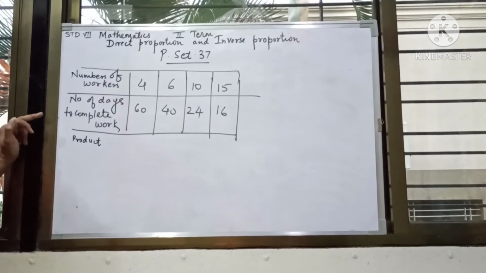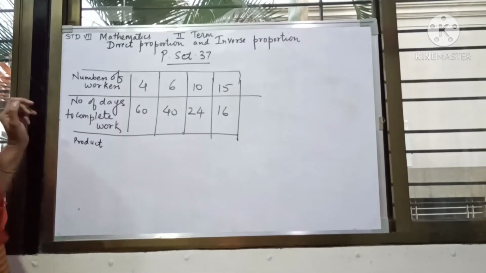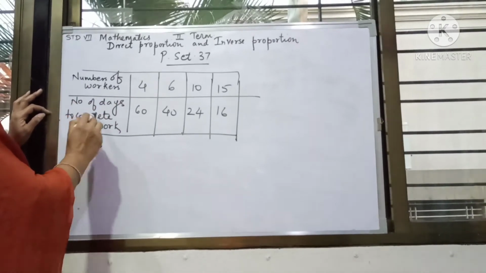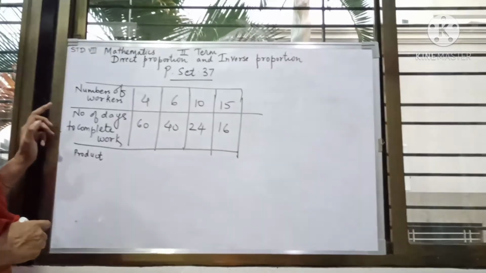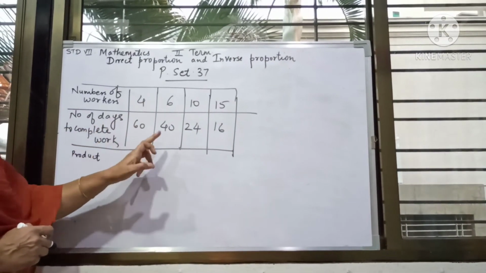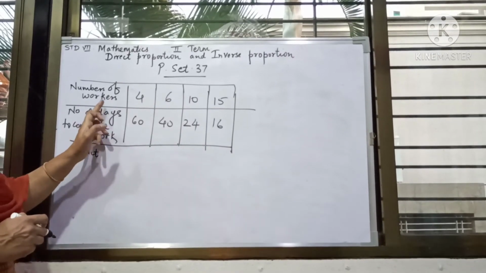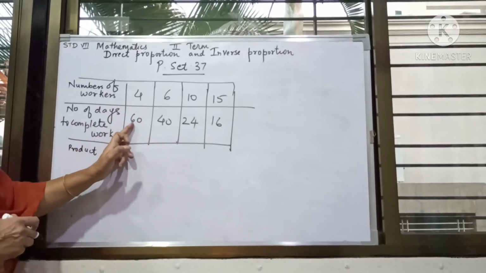Now we are going to the next part, that is inverse proportion. Look at this chart. Here the number of workers and the number of days to complete the given work is shown in this table. Now if the number of workers increases, the number of days to complete the work decreases. If the number of workers decreases, the number of days to complete the work increases.